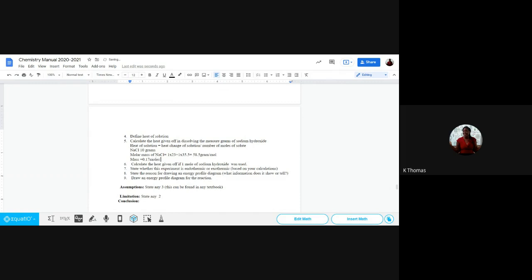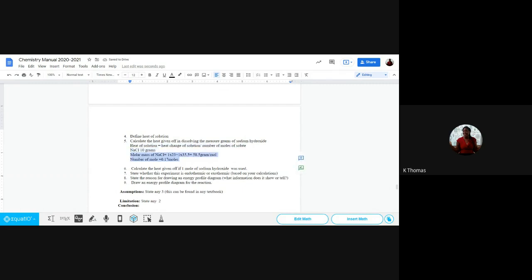So 0.17 moles was used. So I did end up calculating my number of moles, equal to 0.17 mole.